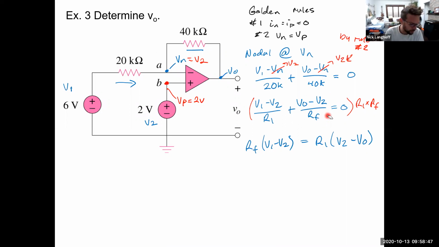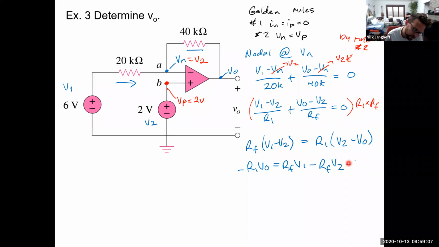All right. And so if we then collect terms for V naught, we get minus R1 V naught is equal to RF times V1 minus RF times V2 minus R1 times V2.